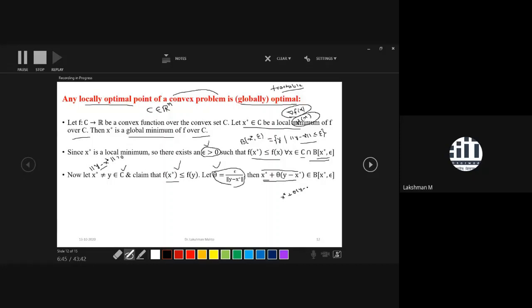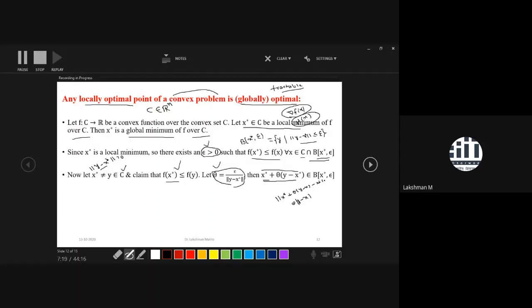So x star plus theta times y minus x star, minus x star, what would this be? It would be just theta times y minus x star. Find the norm or distance, so put the norm on both sides.